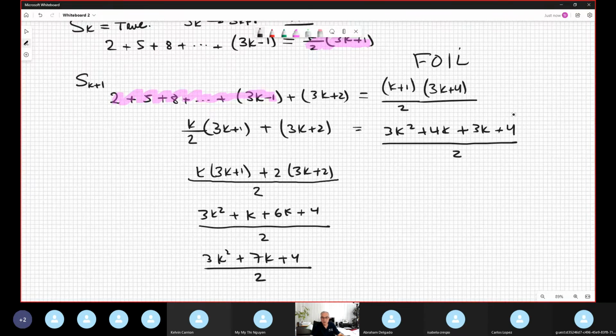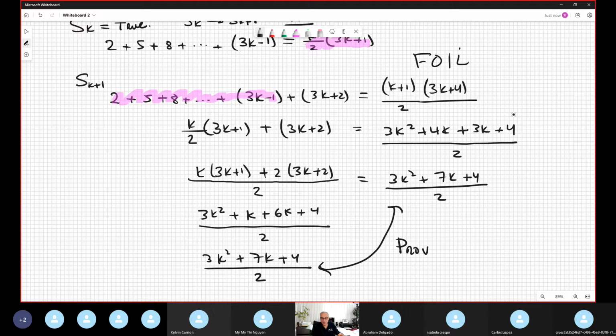And when you combine 4 and 3 is 7, nice. 7k plus 4, equal to, and you get exactly the same answer as this. Now you prove that using mathematical induction. Any question?